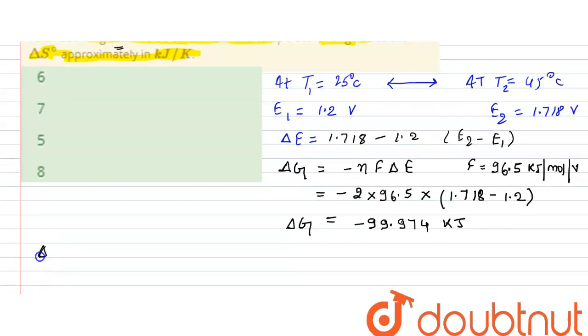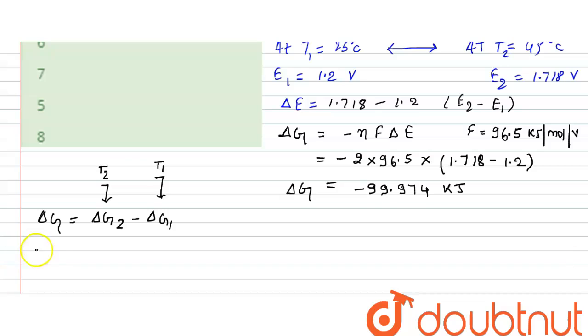Now, delta G can also be written as delta G2 minus delta G1, for equation 2, that is at temperature T2, and for equation 1, that is at temperature T1.